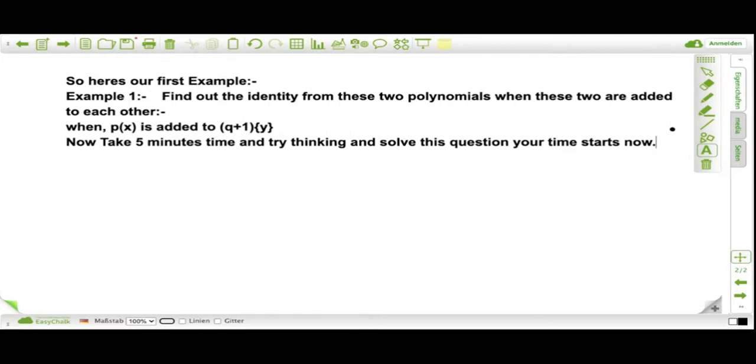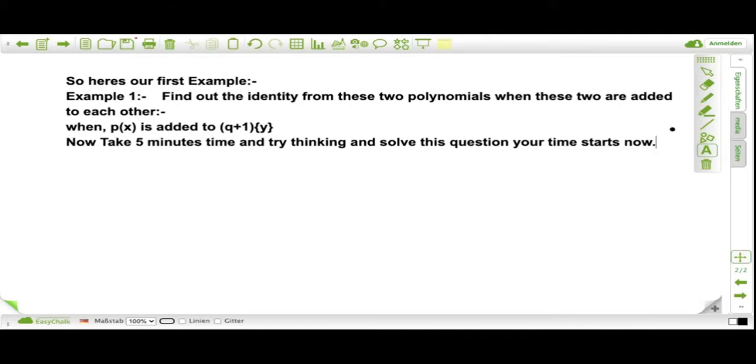Now let's try substituting. So if x is p and if y is q plus 1, then that becomes x p, which is p squared plus q plus 1 into q plus 1. Use that formula a squared plus 2ab plus b squared.